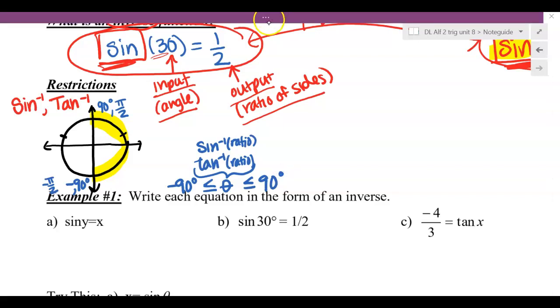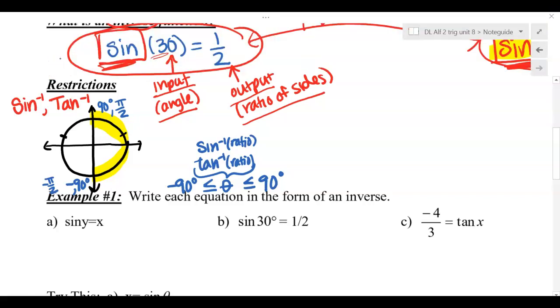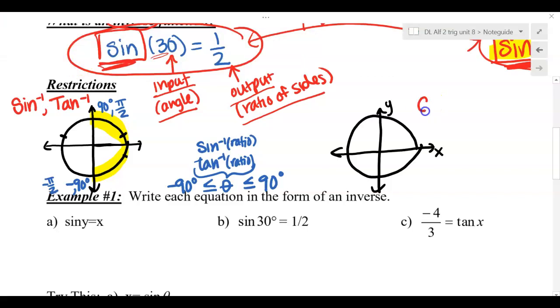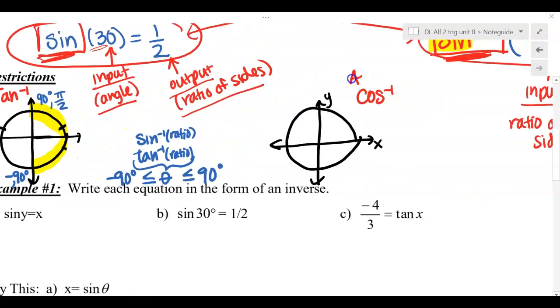When we talk cosine, we don't want to use the same restrictions on cosine because there are angles in here that would have the same cosine because cosine is focused on the x values. So the restrictions on your cosine are a little bit different. If we think about the unit circle and we're trying to calculate an inverse cosine value, or an arc cosine value, remember those are the same thing, we want to get used to that.